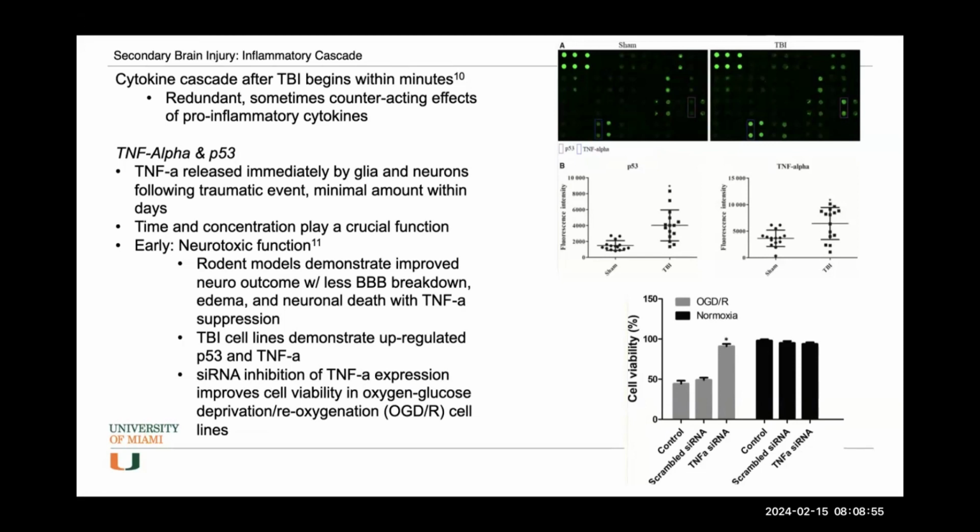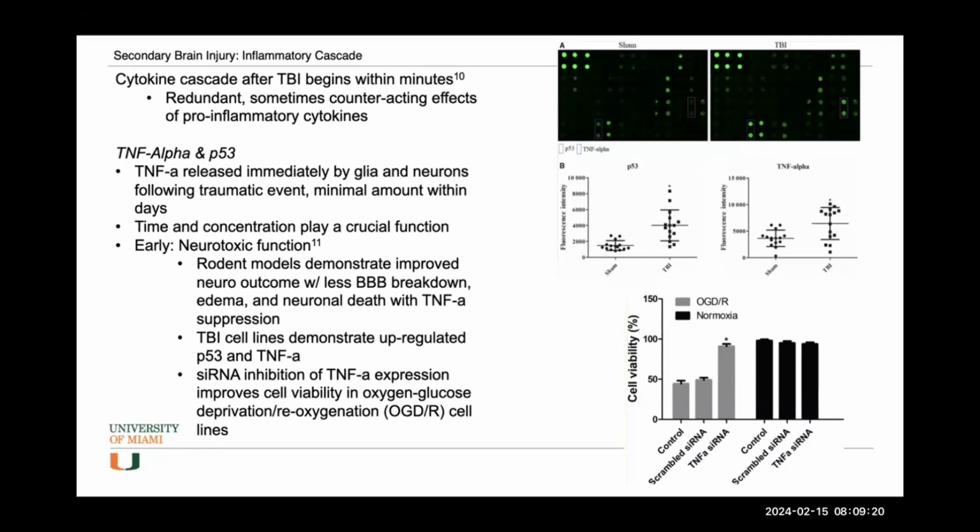And similarly, TBI cell lines often show that the expression of P53 and TNF alpha is actually upregulated relative to controlled cell lines, which is the immunofluorescence imaging on the top right. And in knockout studies, small interfering RNA mediated inhibition of TNF alpha has actually led to an improvement in cell viability in cell lines that mimic TBI.